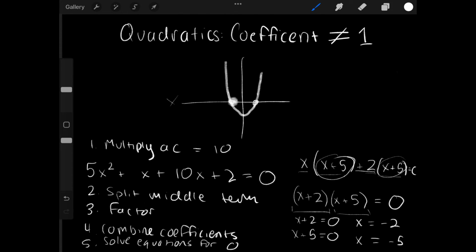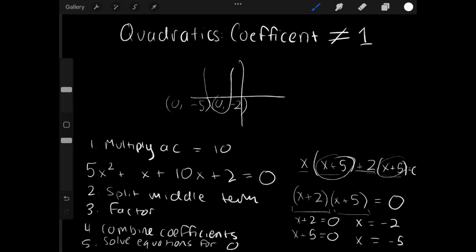So that's why we have two solutions. So here, it would look more like we had a coordinate plane, and it looks something like this, where this would be -5 and this being -2. So that's how our parabola would look. In conclusion, our solutions are x equals -2 and -5.